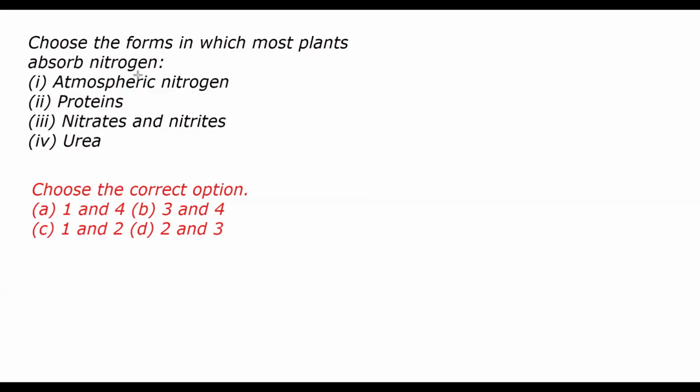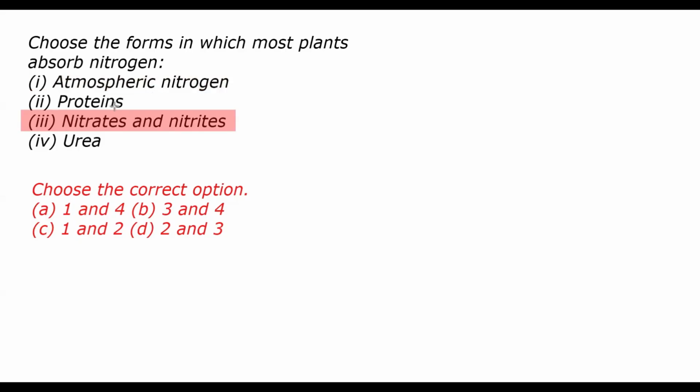In this question, we have to choose the forms in which most plants absorb nitrogen. Well, plants absorb nitrogen in the form of nitrites and nitrates. As you know, there are certain bacteria called nitrogen fixing bacteria that convert atmospheric nitrogen into a usable form in the soil.